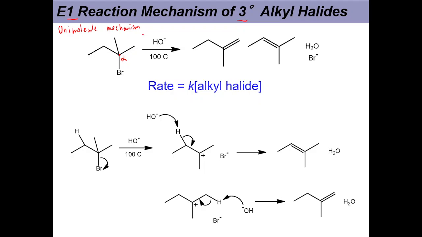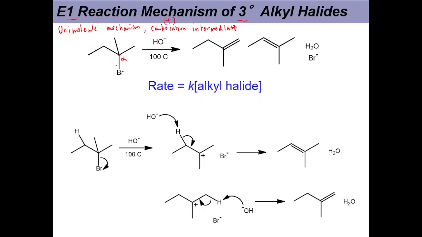Now, this is just like an SN1 reaction. With a unimolecular mechanism, there's always going to be a carbocation intermediate with a positive charge. And that's what's going to happen here.